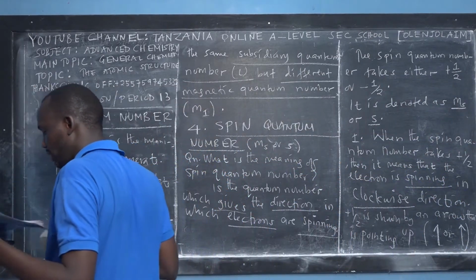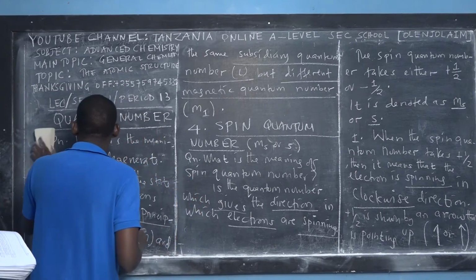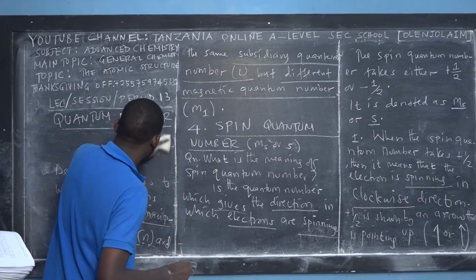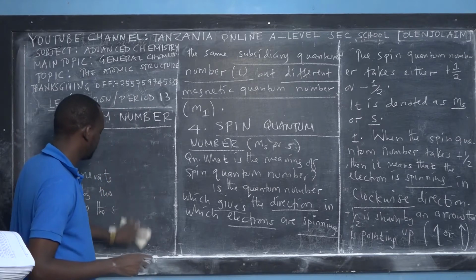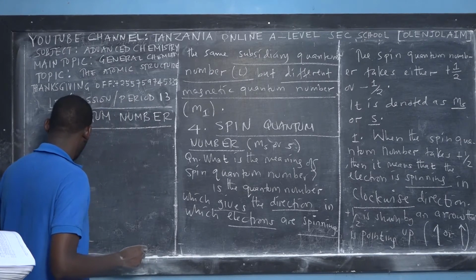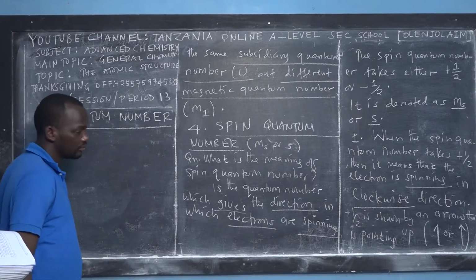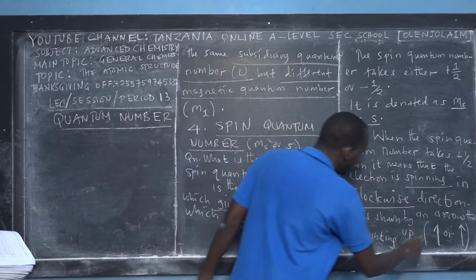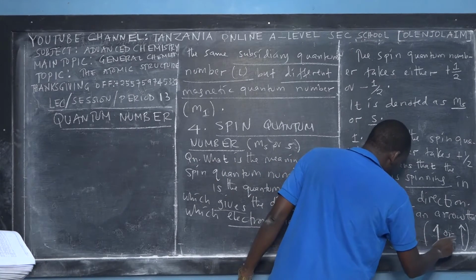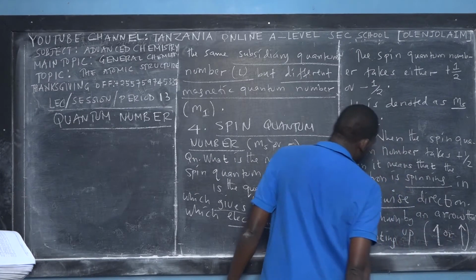That is spin quantum number. So it has two notations: either a half arrow pointing up or a full arrow like that.